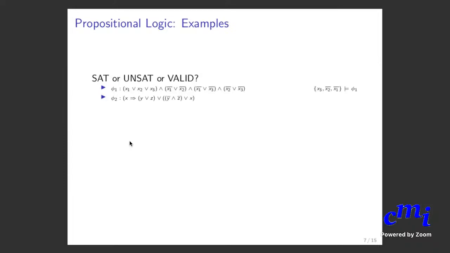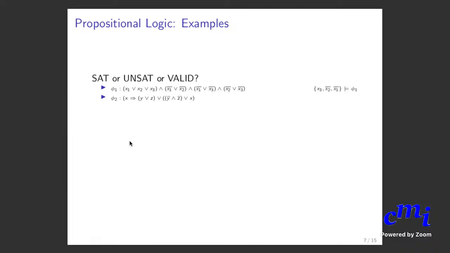Satisfying means you have to find a truth assignment, either 1 or 0 for each of the variables, that makes the formula go to true. It is satisfiable if there exists at least one truth assignment to the variables that makes it go to true. It is valid if it is true for every possible assignment.